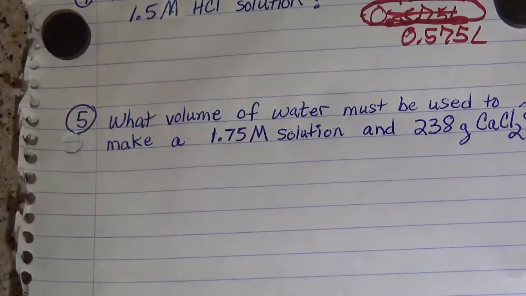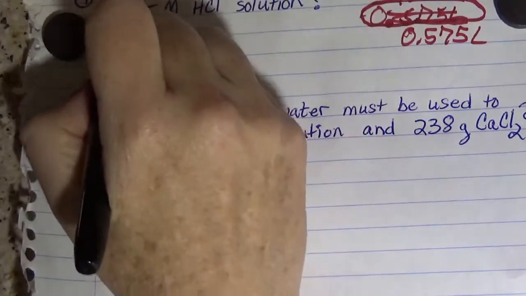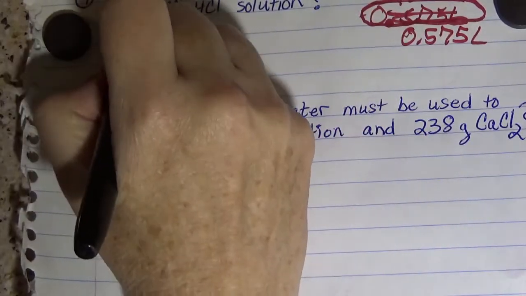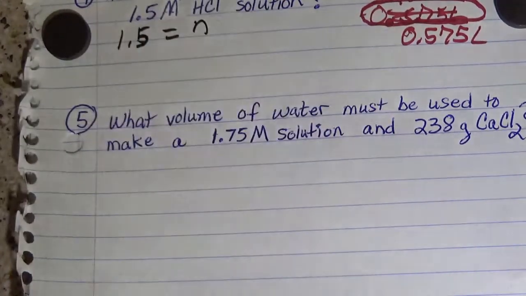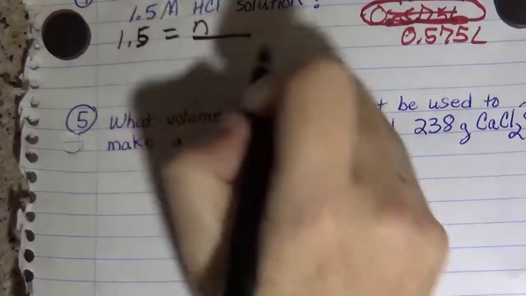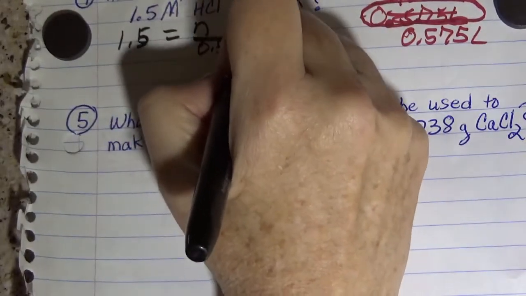Okay, we already have the molarity, because we're not looking for molarity this time. This time we're looking for how many moles. So we'll set up our molarity, 1.5, equal to moles, which you don't know, n, divided by our volume, 0.575.